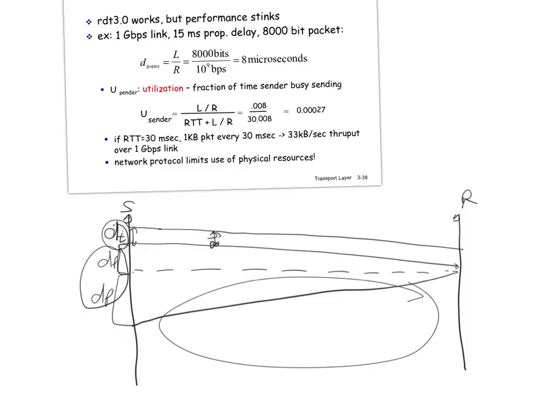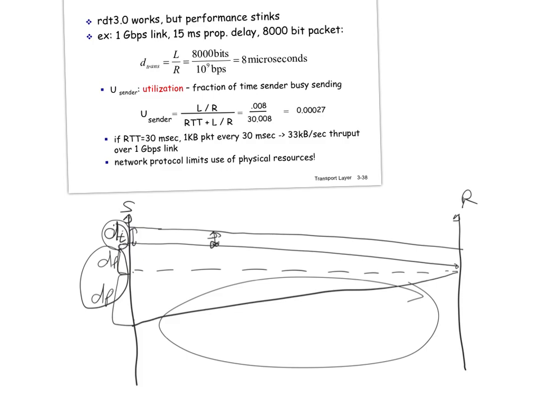So how can we calculate the performance? One way of calculating the performance of this is how much did I consume the channel in something useful, versus how much did I not consume the channel in something useful.